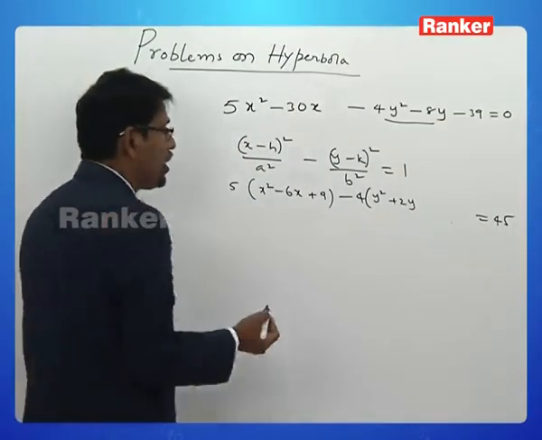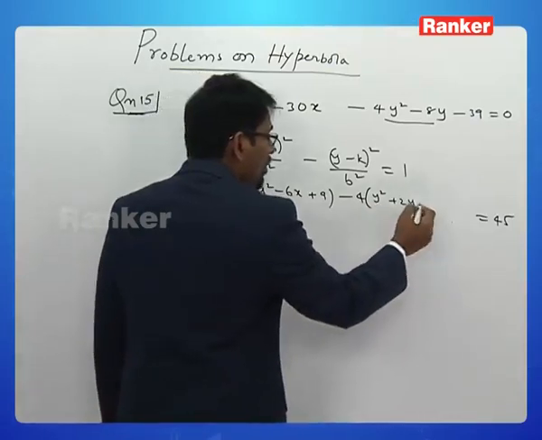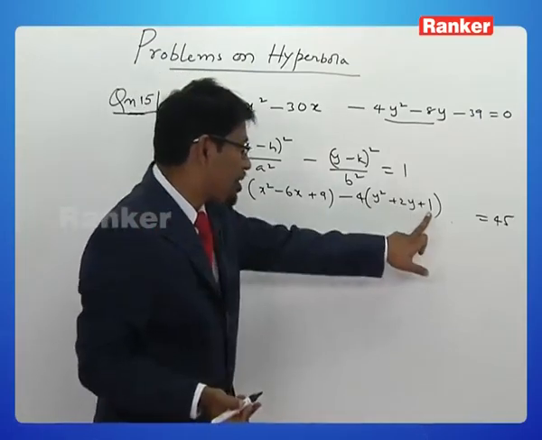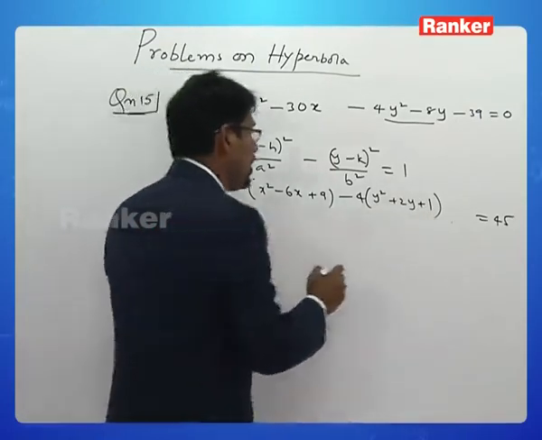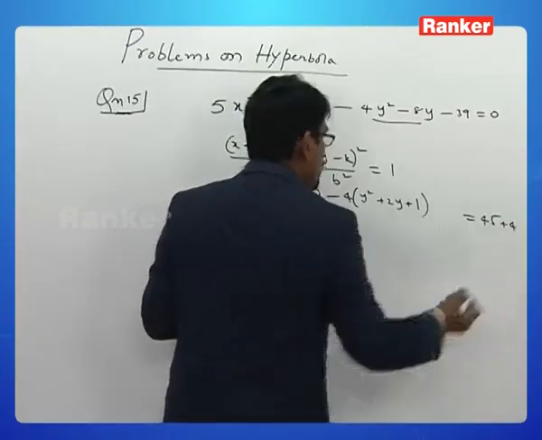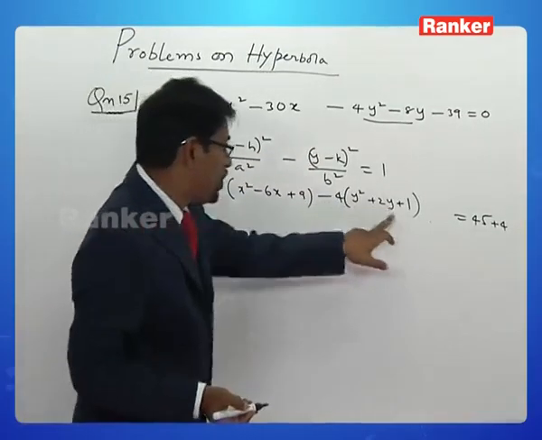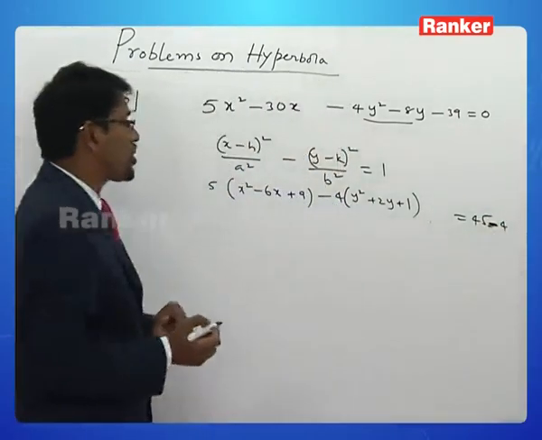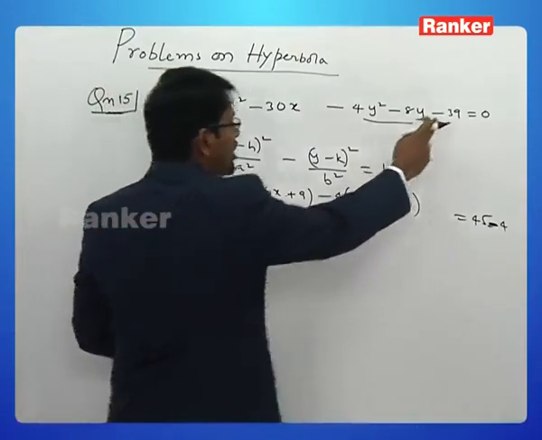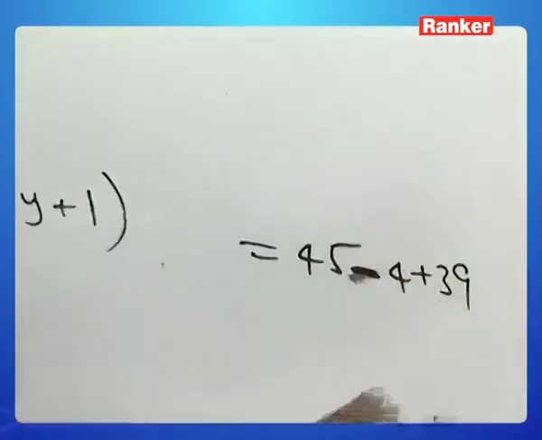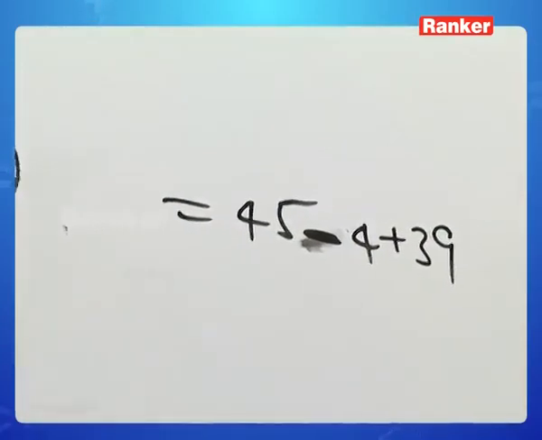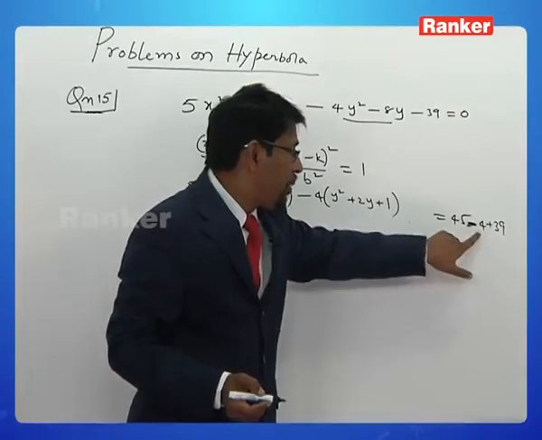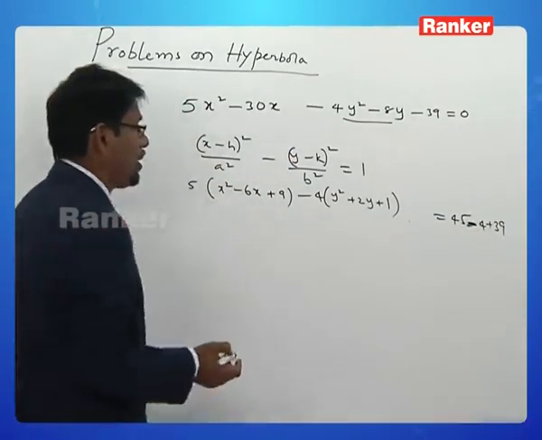In order to complete this as a perfect square, we need to add a 1, so minus 4 was introduced here. So I need to introduce a minus 4 on the right hand side as well. But this minus 39, I'll take it that side, so plus 39. So what does it become? 39 minus 4, that is 35, plus 45, that is 80 there.